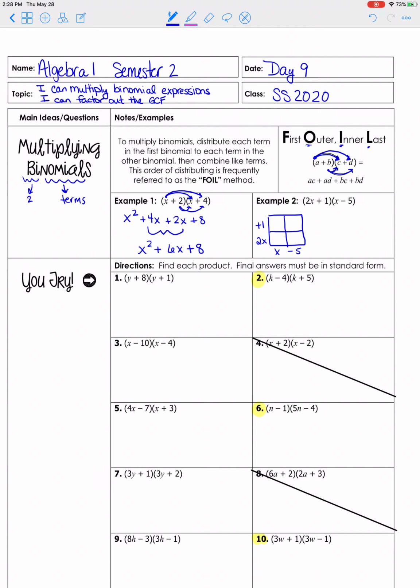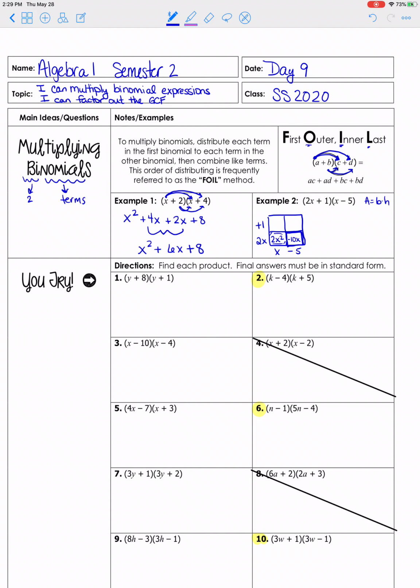Remember, to find the area of a region, we take base times height. So to find the area of this lower region here, we would take 2x times x, which is 2x squared. Working to the right, to find this area, we would take 2x times negative 5, which is negative 10x.